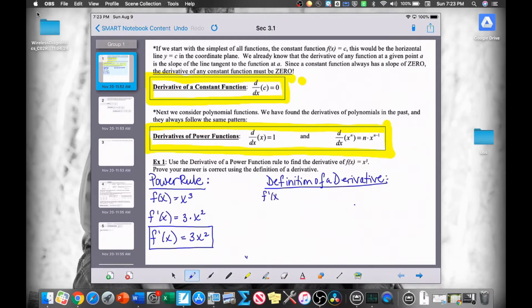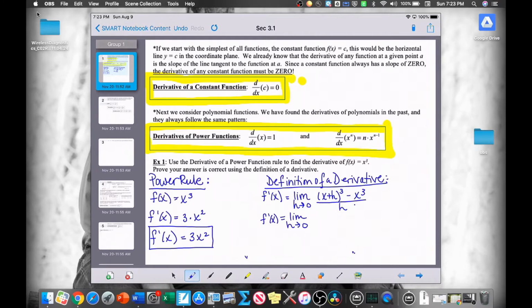So f prime of x is going to be equal to the limit as h approaches 0 of f of x plus h, which would be x plus h cubed, minus f of x, which is x cubed, all over h. And then we just have our algebra to do now. So f prime of x is equal to the limit as h approaches 0.